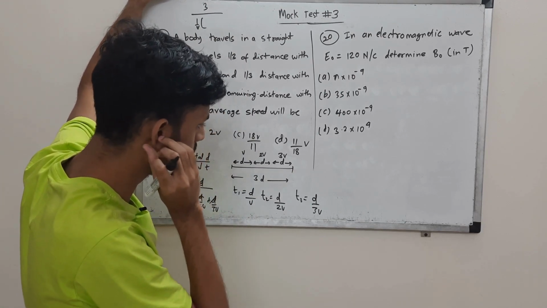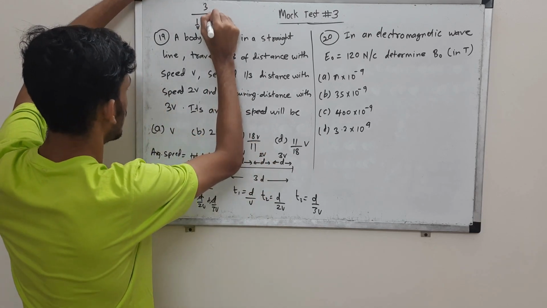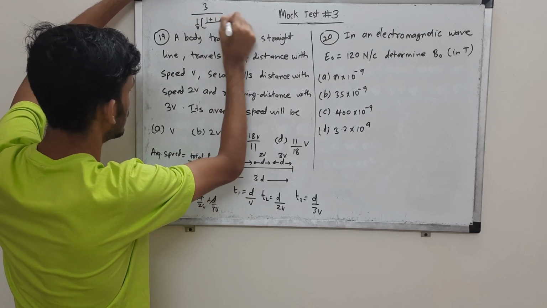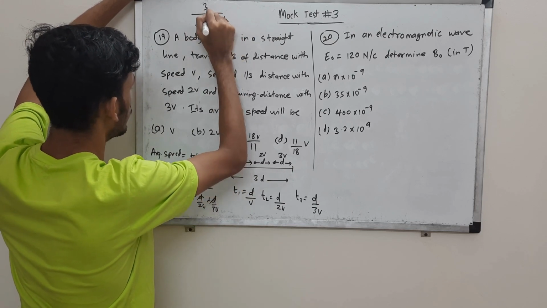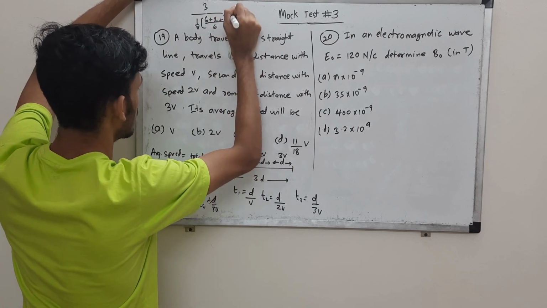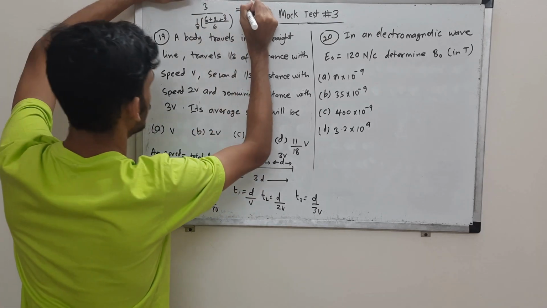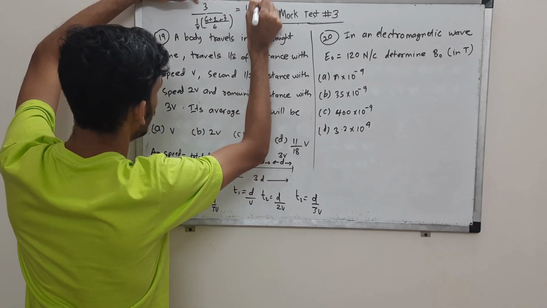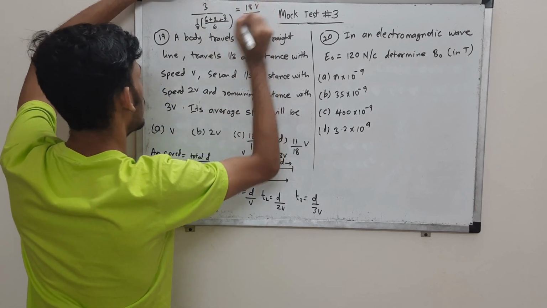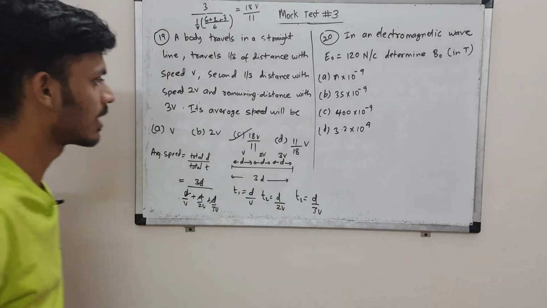The LCM will be 6, so this becomes 6 plus 3 plus 2, which is 11. So in the numerator, 6 times 3 is 18v, giving 18v by 11, which is option C. So option C is correct over here.